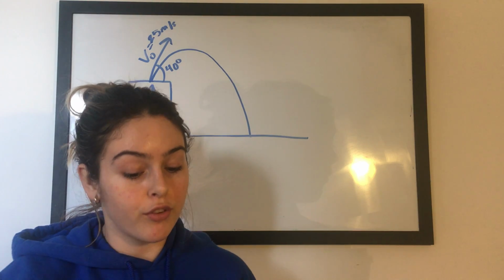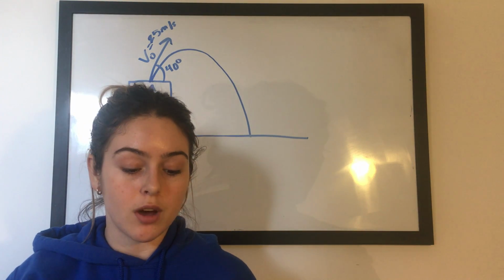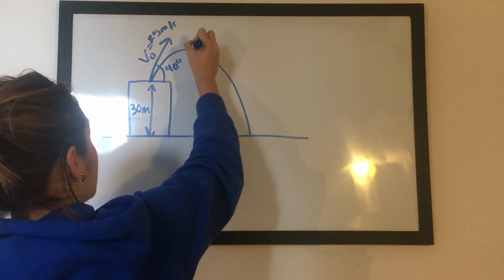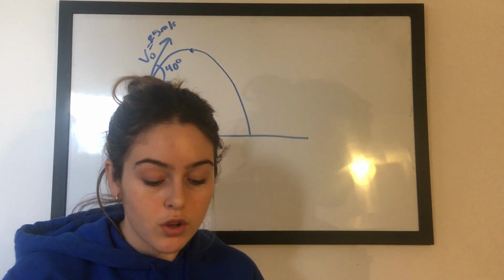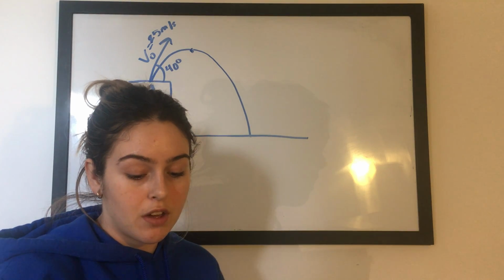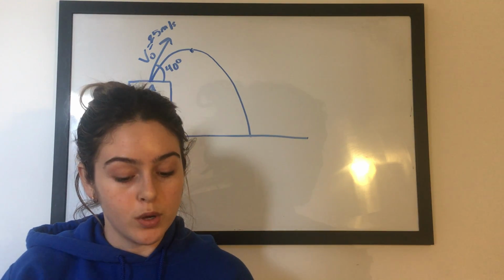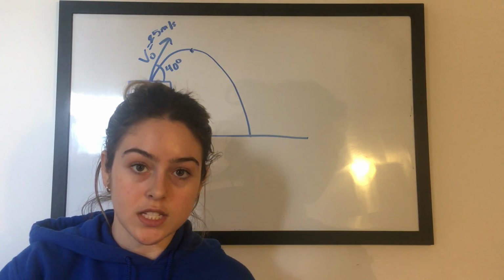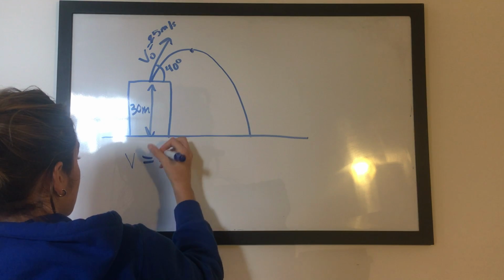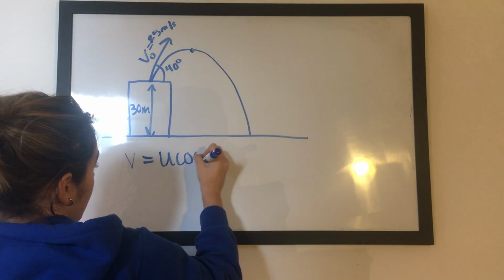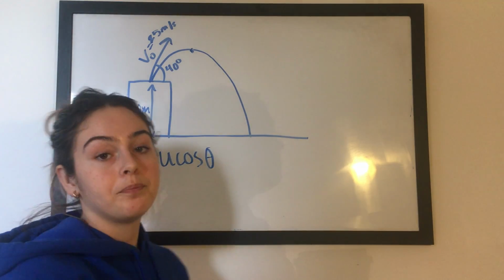We know that the vertical component of velocity at the topmost point is 0. And so we know that the horizontal motion of the cannonball is a uniform motion with the uniform velocity, u cosine theta. So velocity equals u cosine theta.